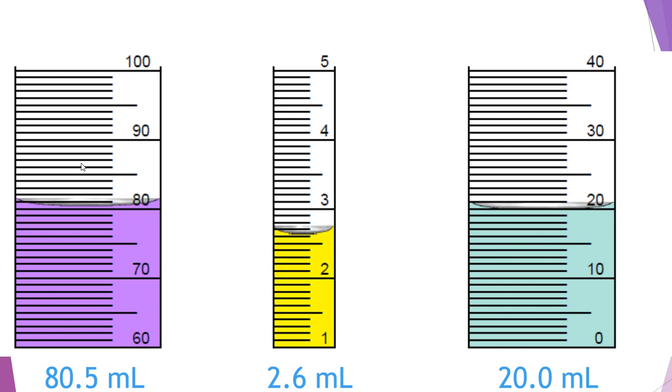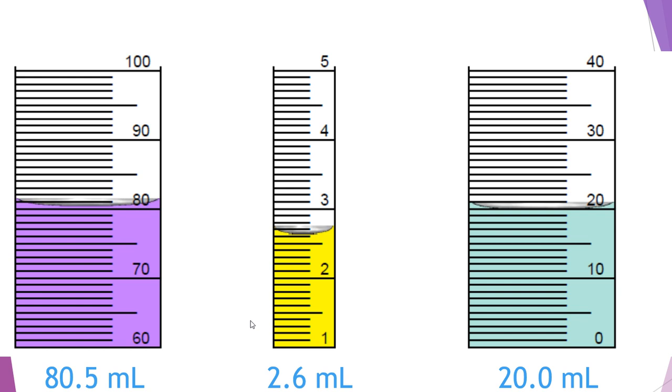Again, we are halfway between 80 and 81. If you just had 80.0, I think that would be acceptable for now, until we get a little more familiar with the graduated cylinder.